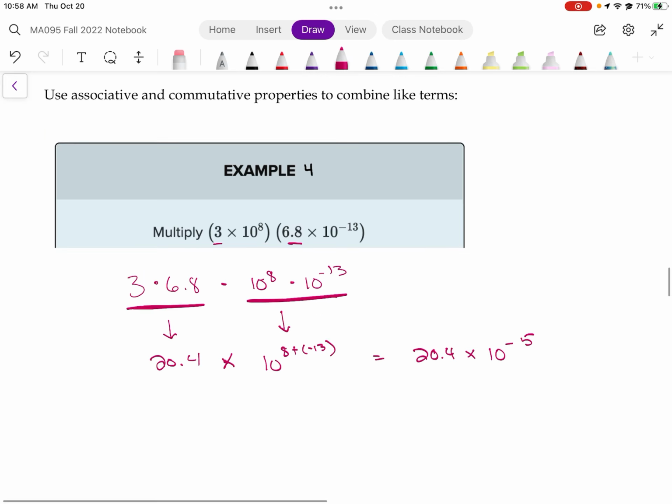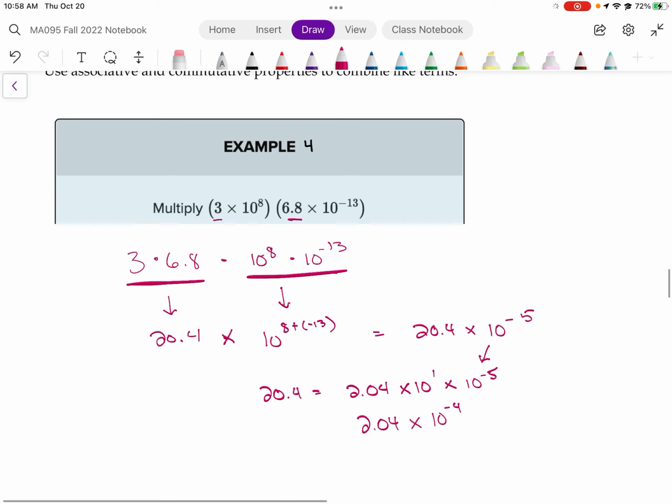All right, so now what are you going to do with that? 20.4 equals 2.04 times 10 to the 1, and then that's times 10 to the minus 5, because we've got to bring this down. Now we've got 2.04 times 10 to the 1 times 10 to the minus 5. 1 plus negative 5 is negative 4. 2.04 times 10 to the negative 4 is the answer.